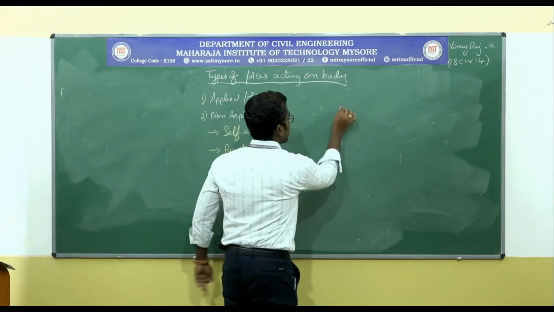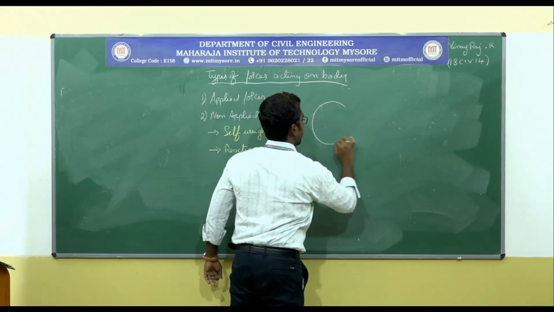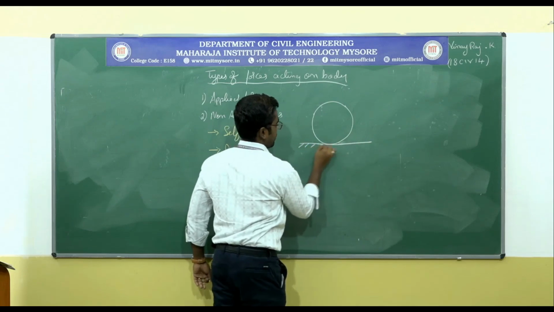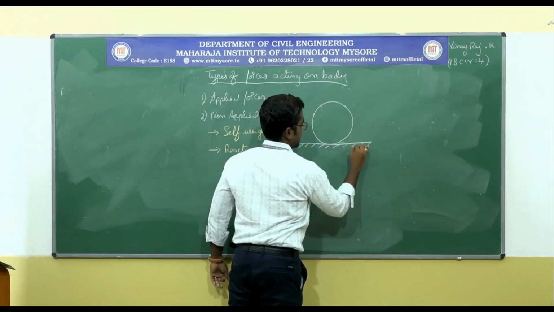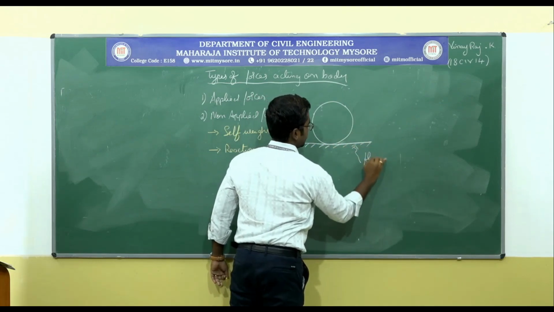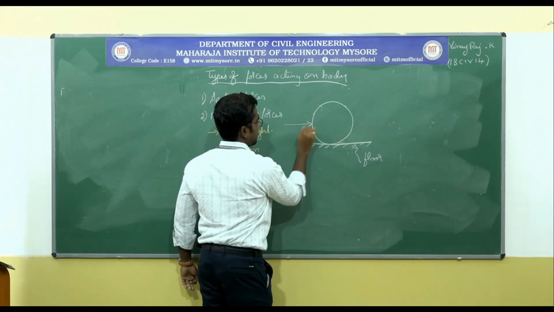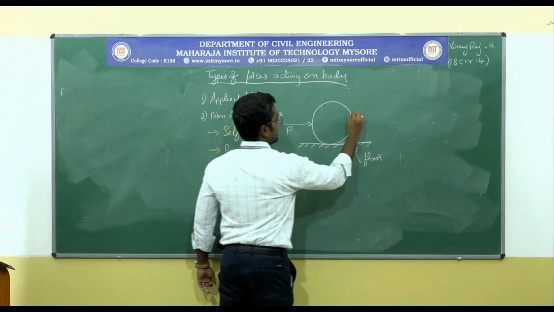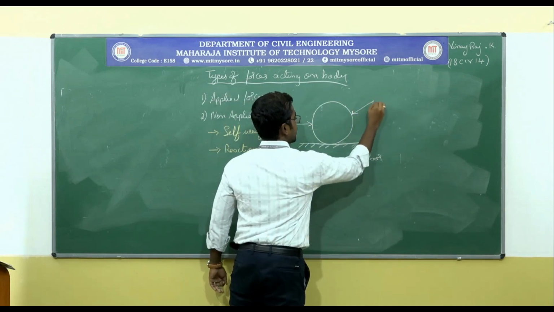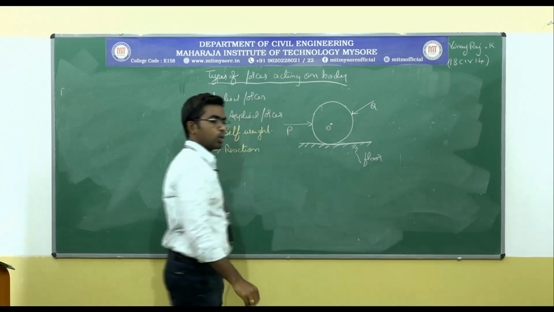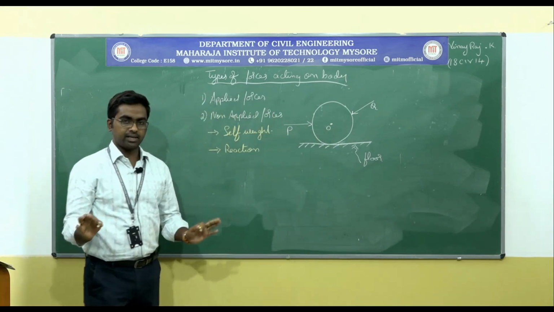See, this is the body, same example, which is resting on the floor, and I am going to apply a force P and then a force Q, and this will be the center of the object O. This is one particular system, right?